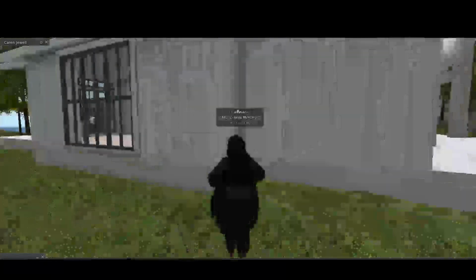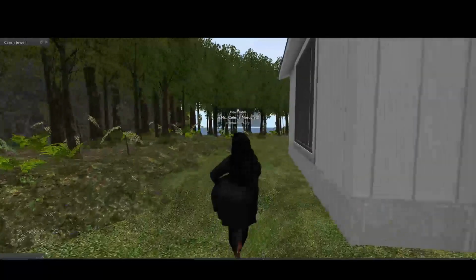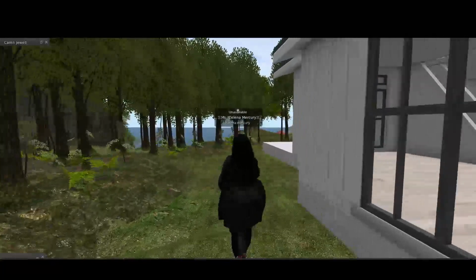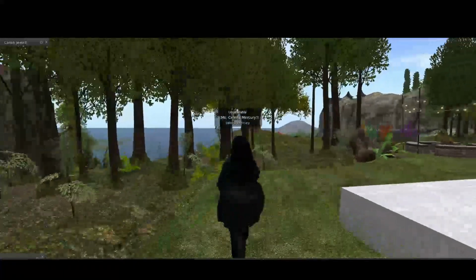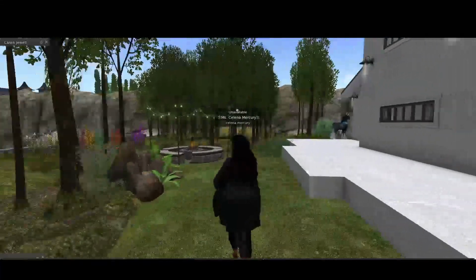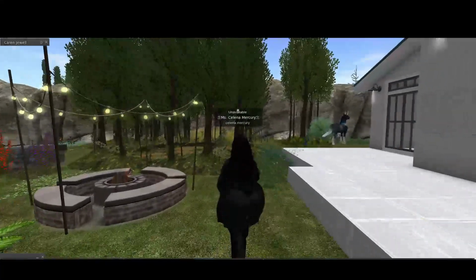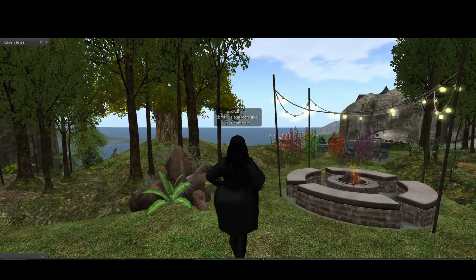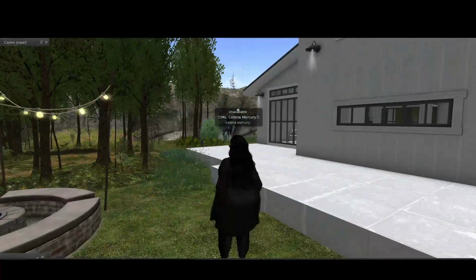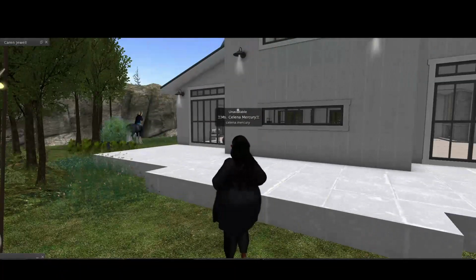Oh yeah, I love this. This is really pretty. 20K, 81.92, not a bad price at all, especially with the way they've got this set up. They really maximized what this is. They really, really did a good job.